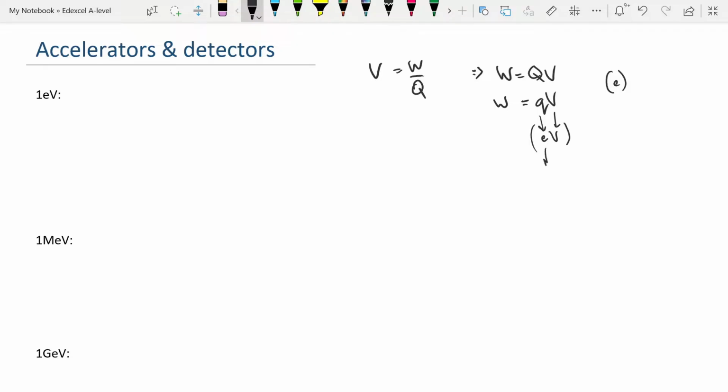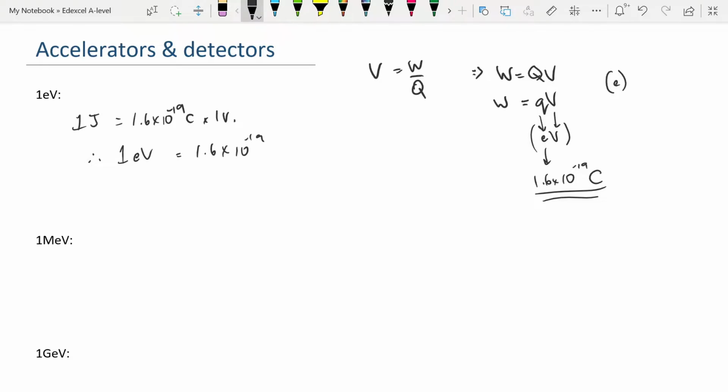We know that electronic charge is 1.6 times 10 to the minus 19 coulombs, and therefore this is the conversion factor for electron volts to energy, because 1 joule is equal to 1.6 times 10 to the minus 19 coulombs times 1 volt. So therefore 1 electron volt is equal to 1.6 times 10 to the minus 19 joules.